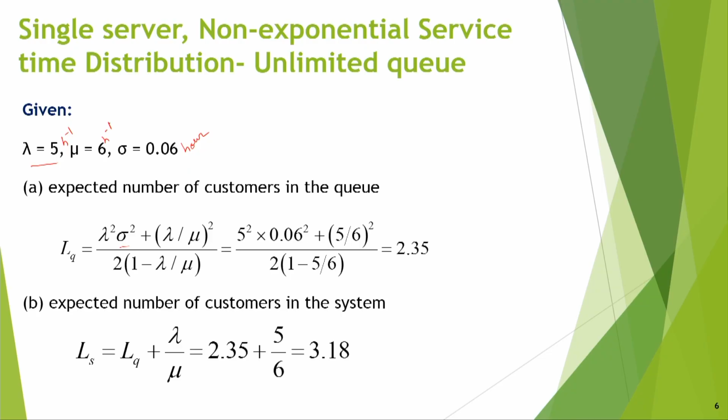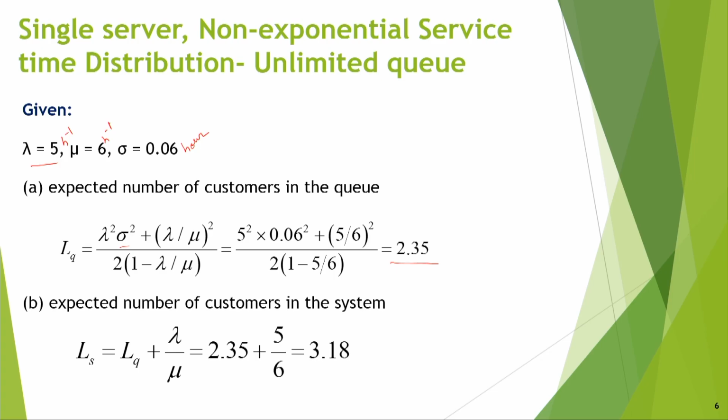So LQ is equal to this much divided by 2 into 1 minus lambda by mu, and now you substitute the values: 5 square into 0.06 square plus 5 by 6 square, divided by 2 into 1 minus 5 by 6, is equal to 2.35. Therefore there are 2.35 customers in the queue.